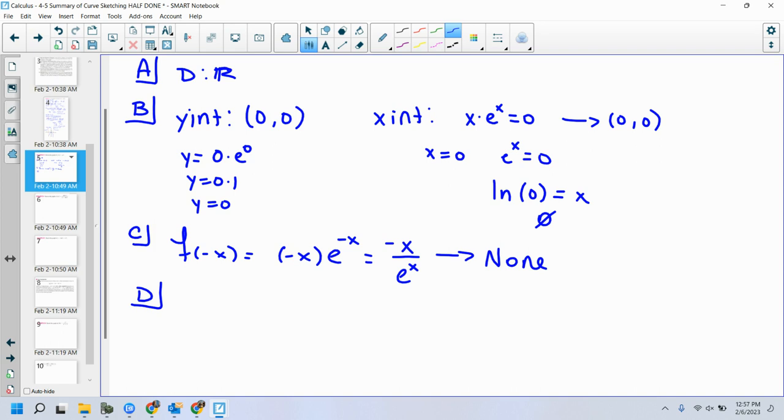Now, thinking about the two functions that make up our full function, x e to the x. Are there any asymptotes with just that y equals x? No. Are there any asymptotes with e to the x? Think about our parent e to the x.